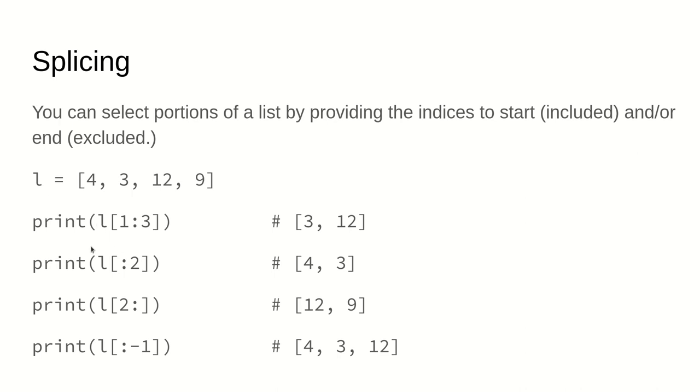So this is shorthand for saying L[0:2], because it takes the item in index 0, it takes the item in index 1, but it does not take the item at index 2. So again, the end is still excluded. So this allows me to get up to some stopping point. And on the other hand, if I provide only the start index, then it will go from that start index all the way to the end of the list.